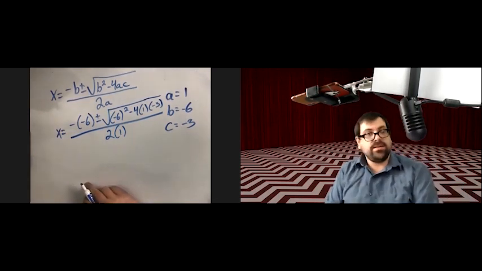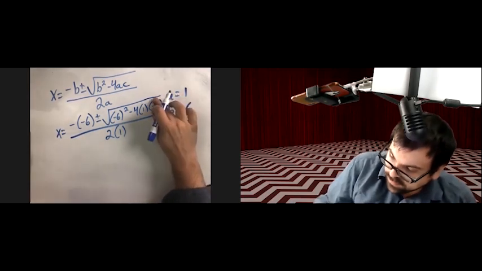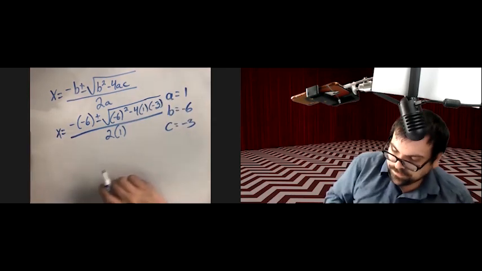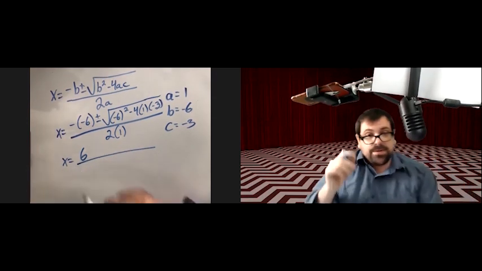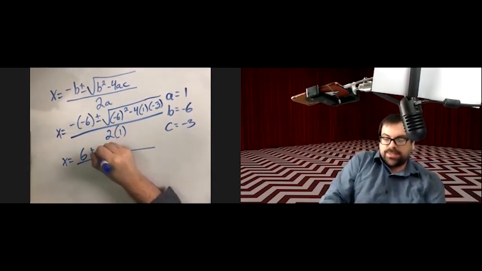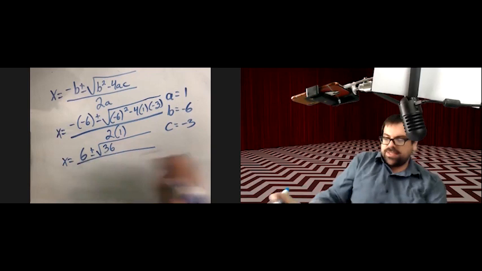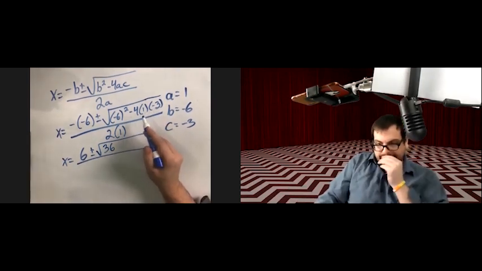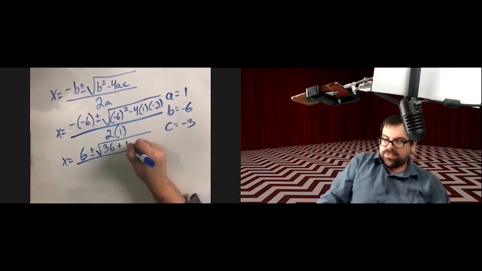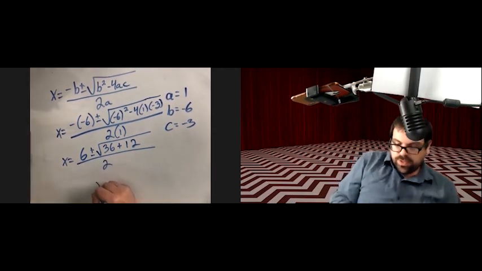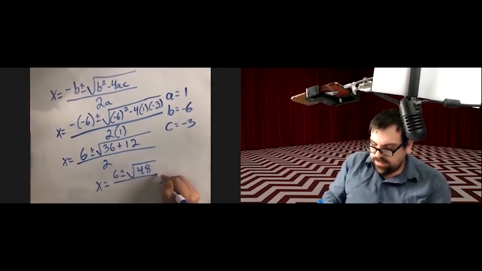Just plugging in A, B, and C. The opposite of -6 is +6. Plus or minus the square root of all. -6 squared is +36. Negative times negative is going to be positive. 4 times 1 is 4 times 3 is 12, all over 2. X equals 6 plus or minus the square root of 48, all over 2.